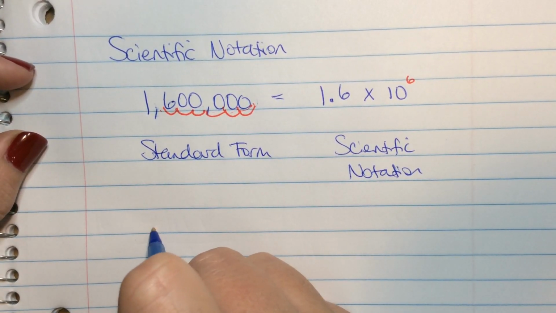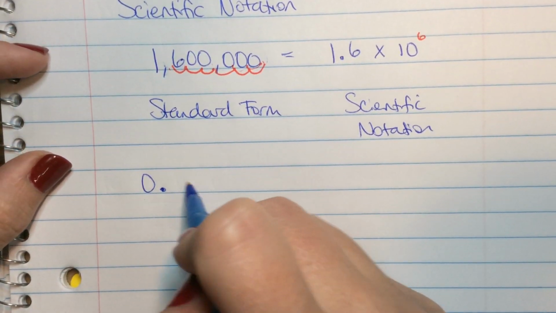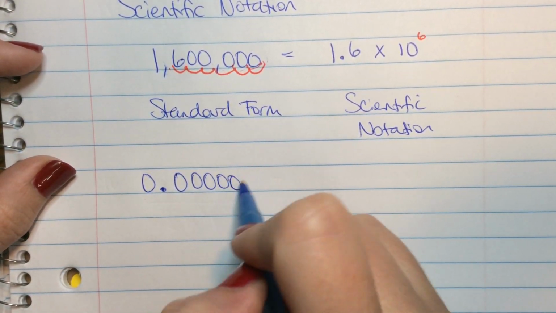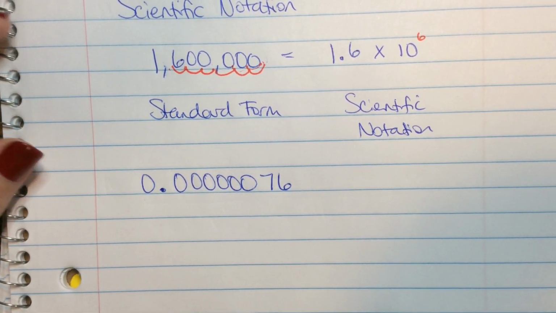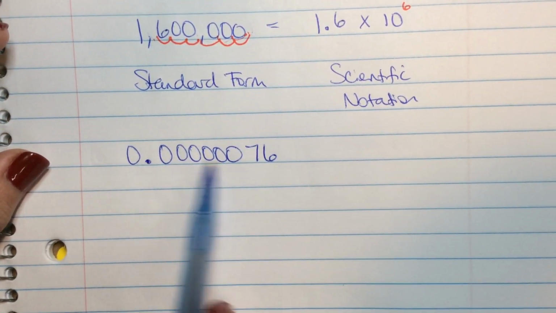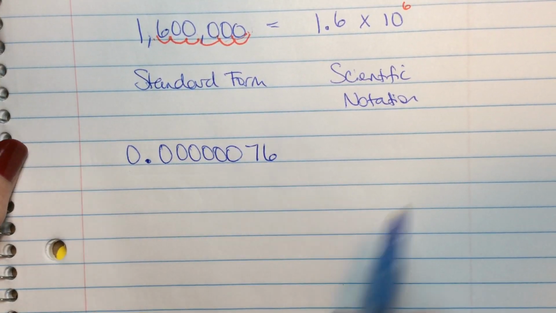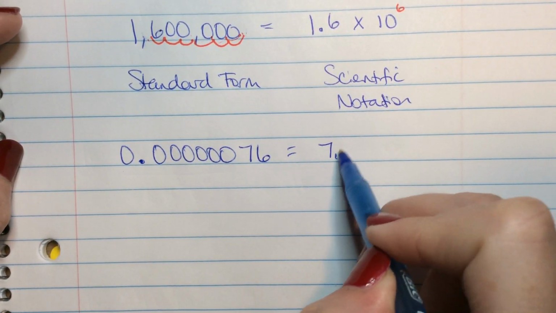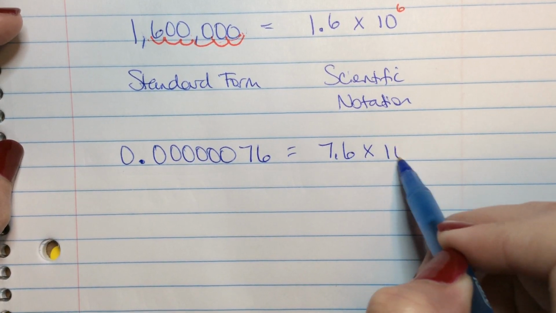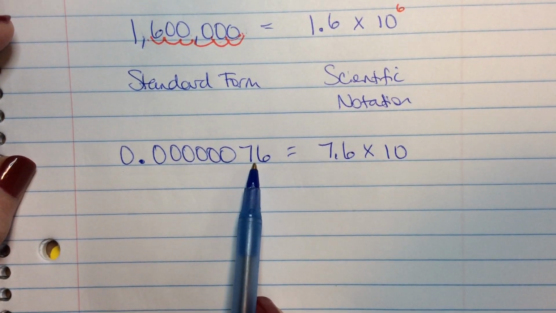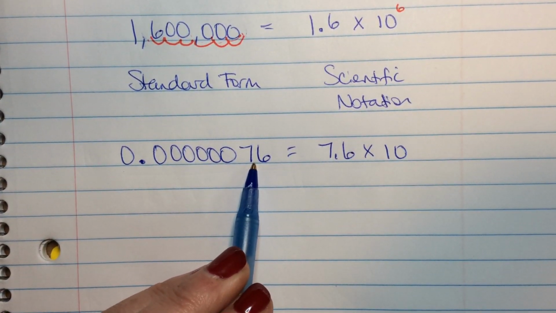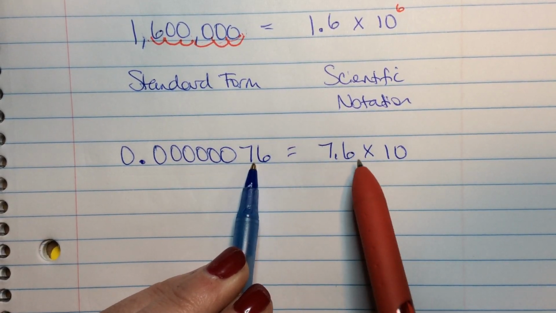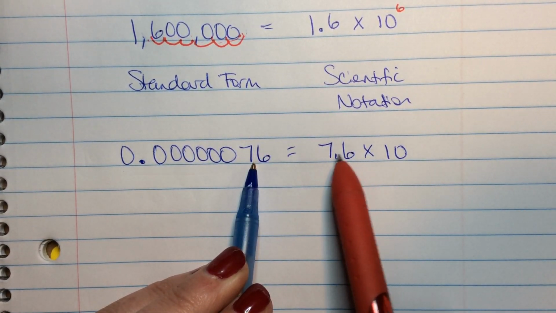So let's just say that you had a really small number. Okay, I can't even think how to say this right now, but when I write it in scientific notation, I'm going to write 7.6 times 10 to the, so I'm going to put my pen where I want my decimal. Notice I put it in between the 7 and the 6.